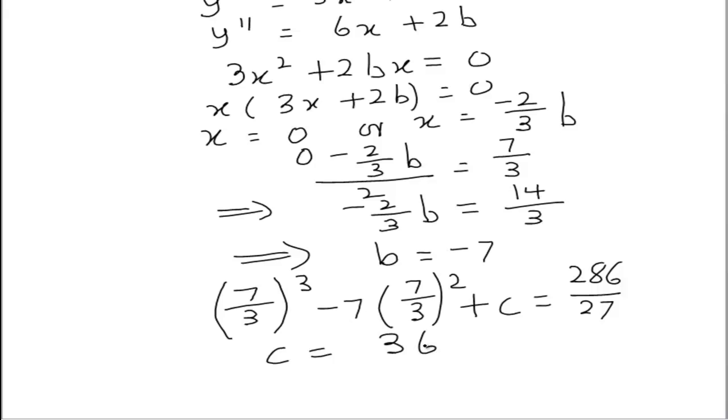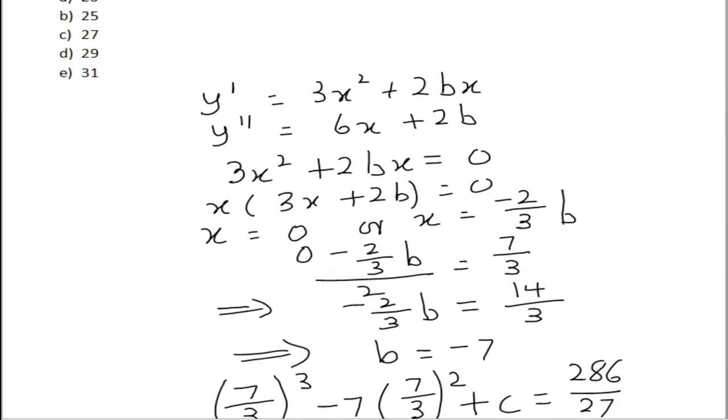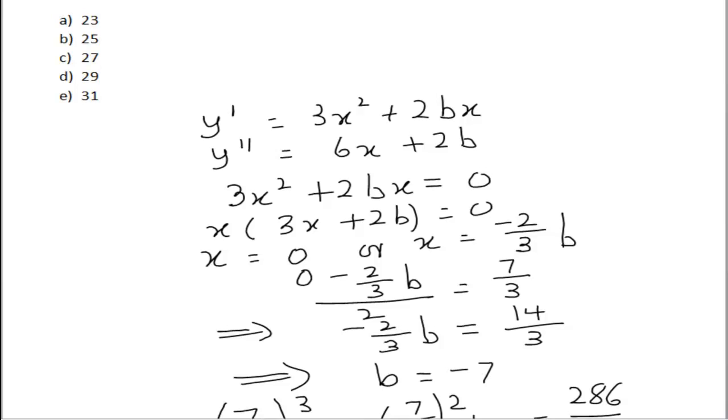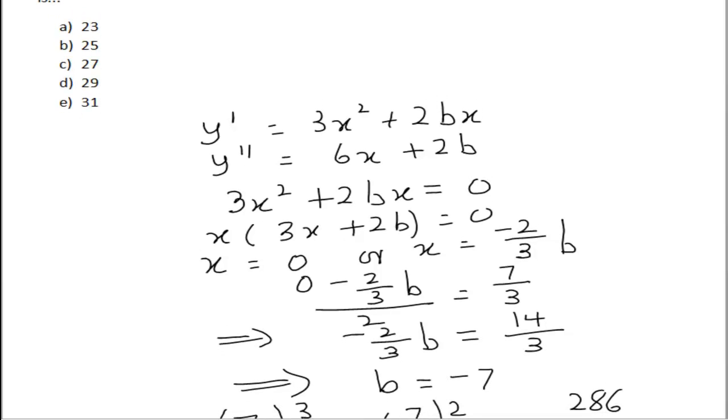Now the question read, find b plus c. b plus c is 36 minus 7, which is 29. Now I thought this was an easy option for you to do.